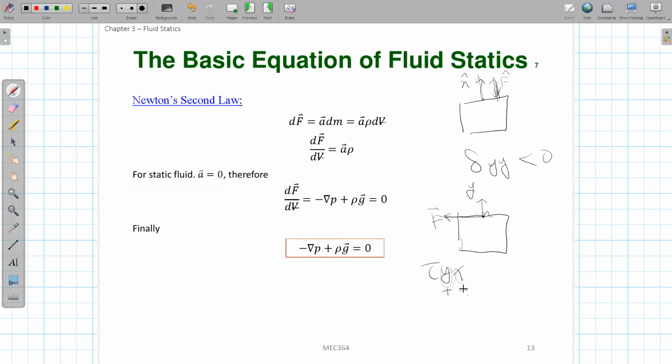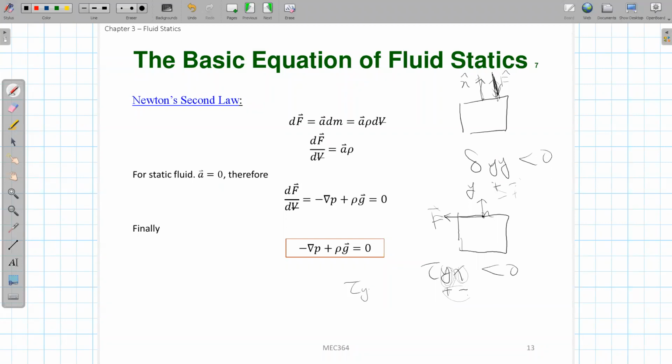So this plus and negative are not the same sign, so this will be smaller than 0. If it's going down, this is positive because this surface is going in the positive direction, and the force direction goes in the negative direction. If you have plus minus or minus plus, if their signs are not the same, it will be smaller than 0.